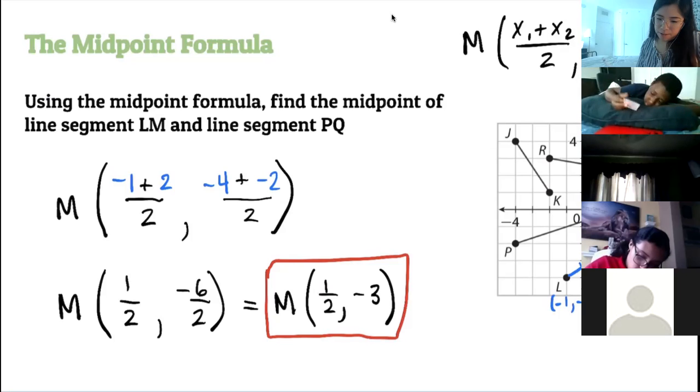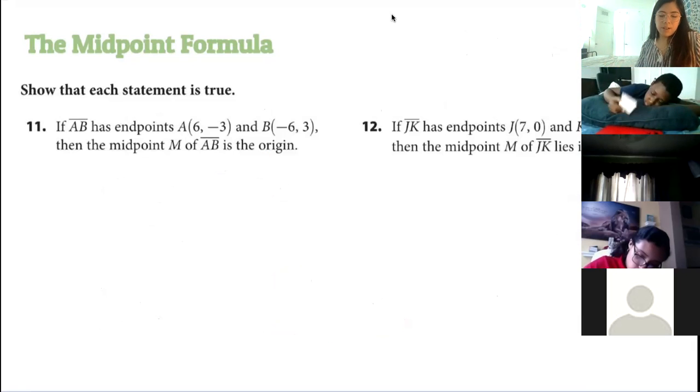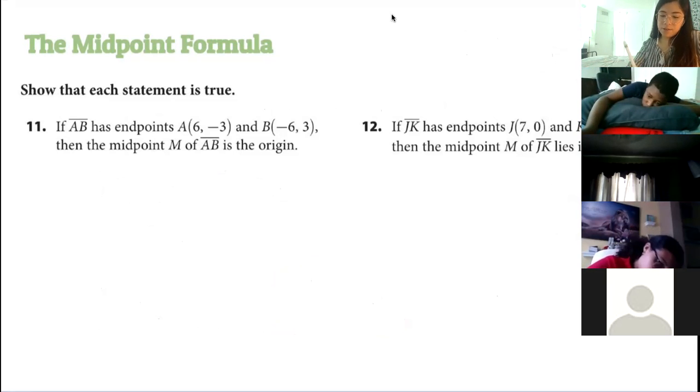All right, let's do another. So now, instead of on the graph, this is giving us the actual coordinates. So I don't have a graph, but I do have coordinate points. And we're still going to use the midpoint formula to figure out where that midpoint is located.